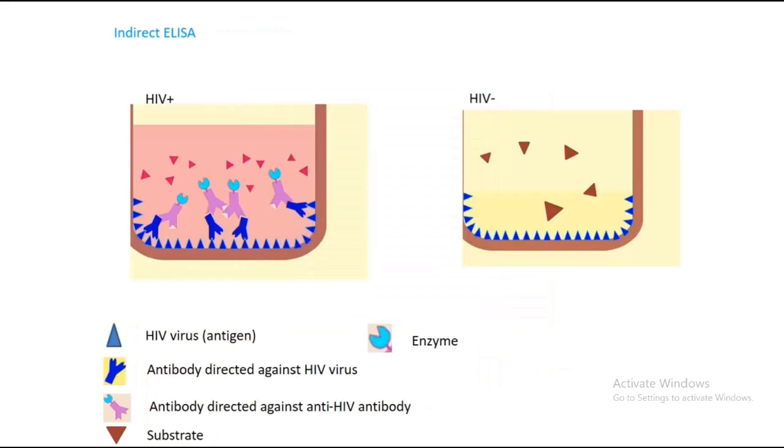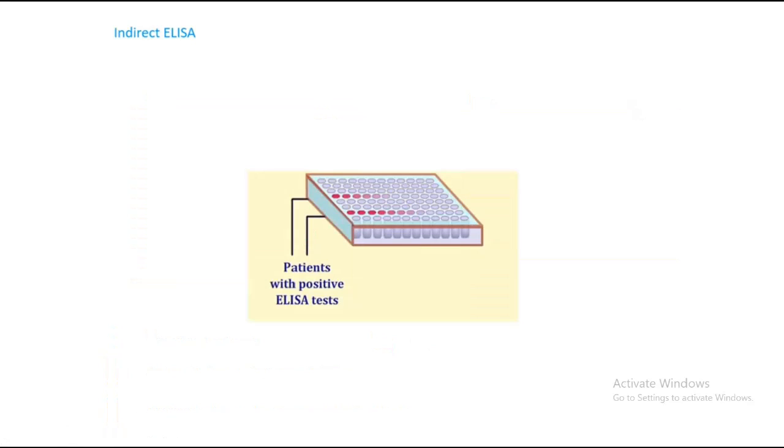So this is sort of an indication of what would happen in someone who has HIV versus someone who doesn't have HIV. Okay, and on the left hand side you can see that you have the antibody from the blood attached to the antigen, then you have your secondary antibody attached. Now in someone who doesn't have HIV, you won't have the presence of the anti-HIV antibody in their blood, and as a result nothing can bind and you don't get any color change. Okay, and the ELISA itself can actually be very basic in that the clinician is just looking for some degree of color change.